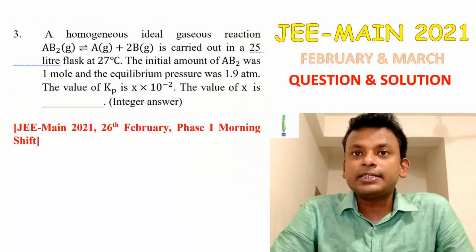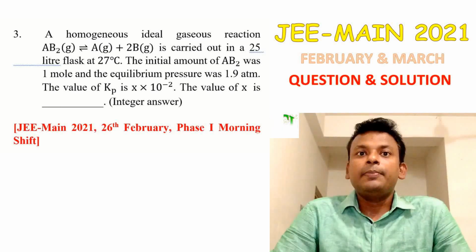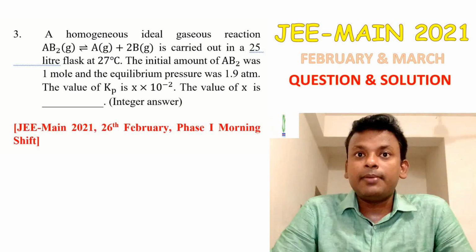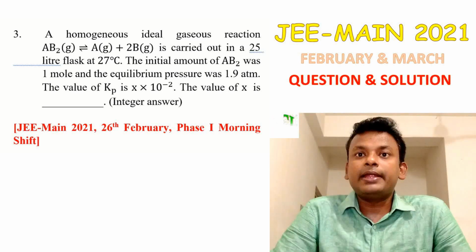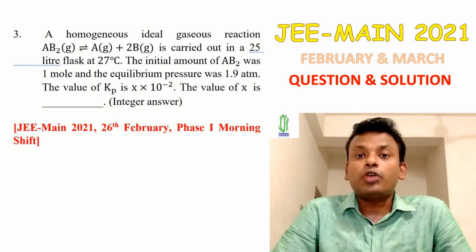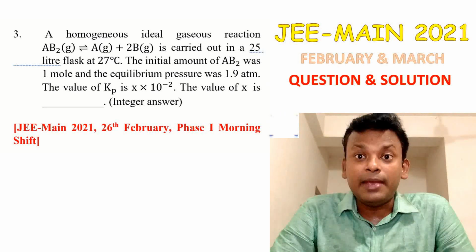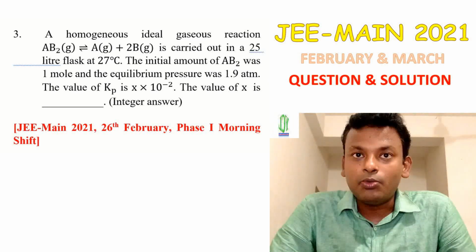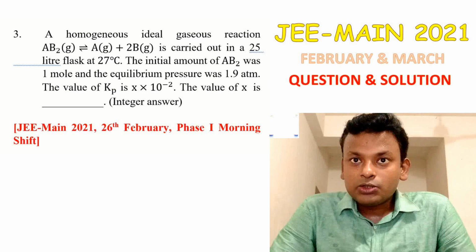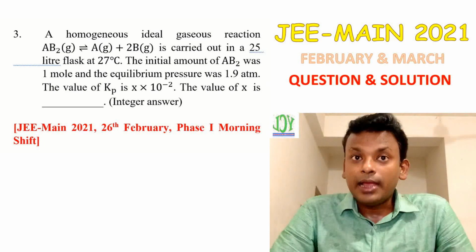A homogeneous ideal gas reaction AB2 gives A plus 2B is carried out in a 25 liter flask at 27 degrees centigrade. The initial amount of AB2 was 1 mole and the equilibrium pressure was 1.9 atm.